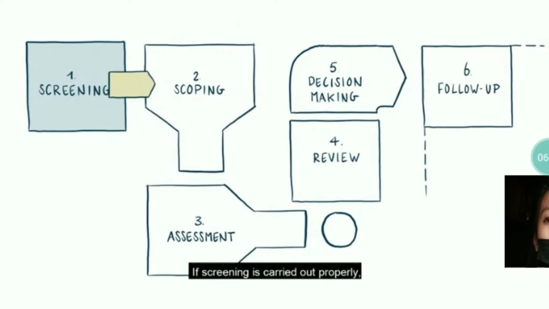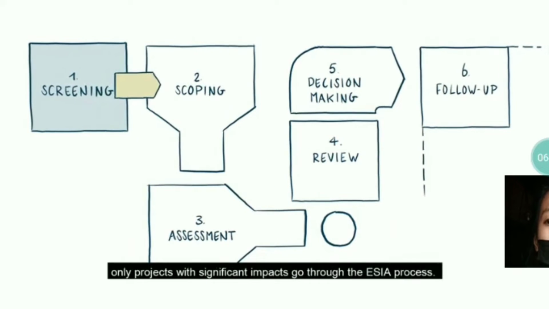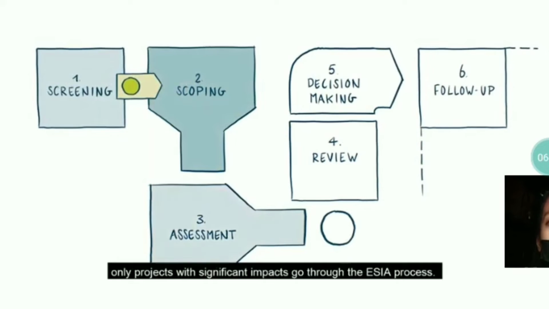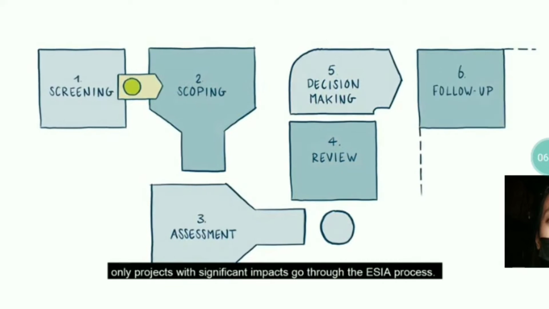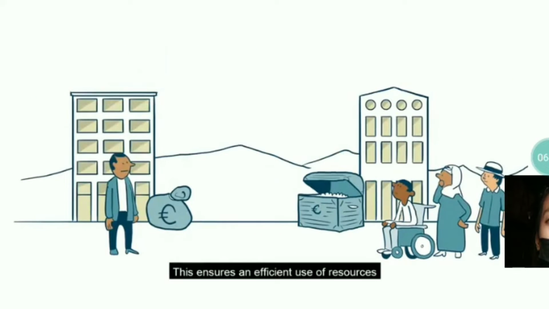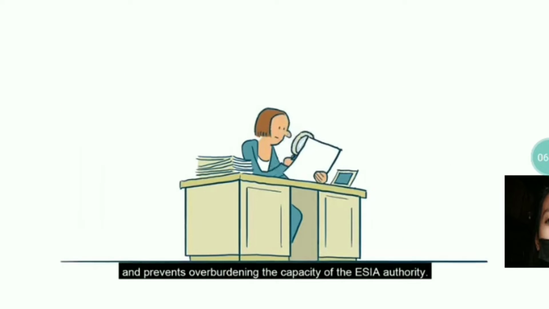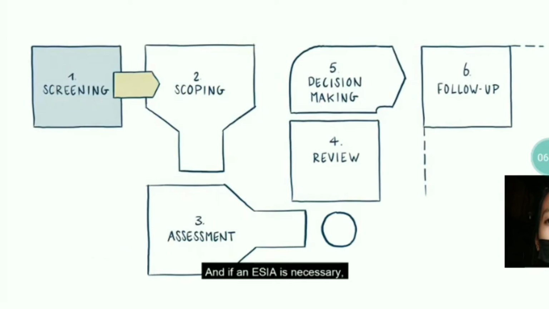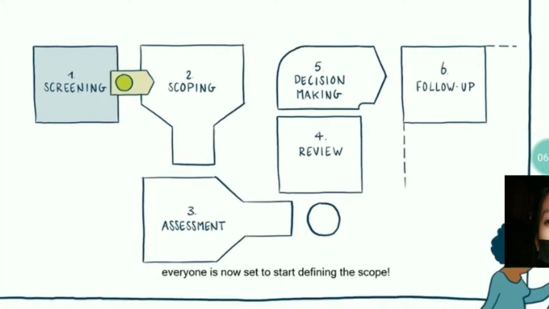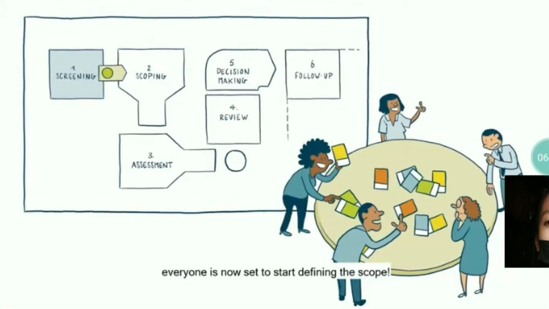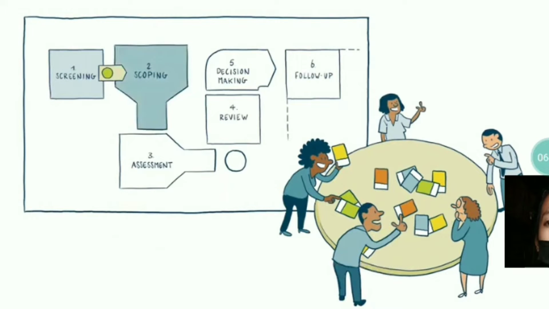If screening is carried out properly, only projects with significant impacts go through the ESIA process. This ensures an efficient use of resources and prevents overburdening the capacity of the ESIA authority. And if an ESIA is necessary, everyone is now set to start defining the scope.